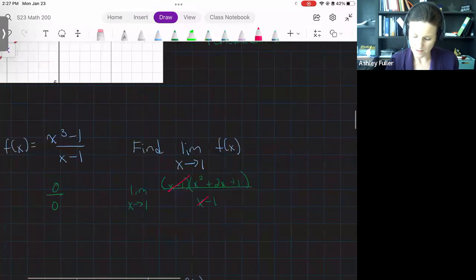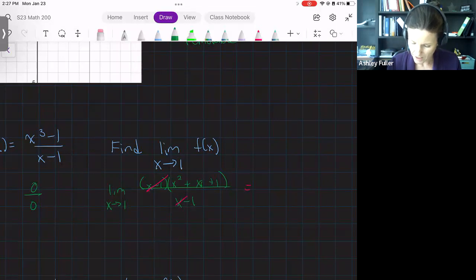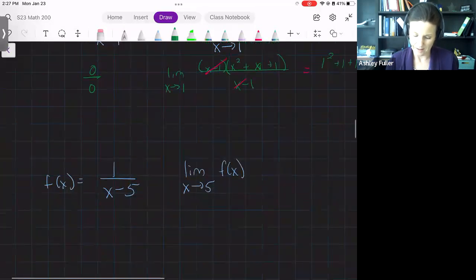Again, those are going to cancel out, and then I'm dealing with a polynomial, which leaves me with 1 squared plus 1 plus 1, which gives me 3 for the limit.